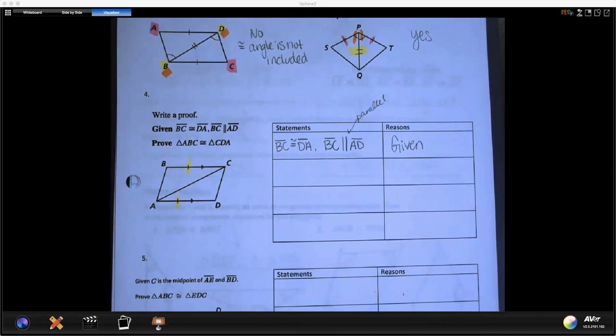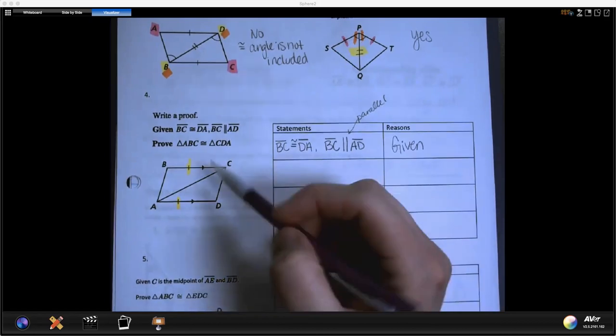Remember alternate interior, alternate exterior, corresponding, same side. Those all happen because of parallel lines. Yes, Christine. Lines connecting between the two would be congruent then. Because the two parallel lines don't spread out any. This one is longer than this one. That's correct. So let's first talk about the angle real quick before we get off to that part.